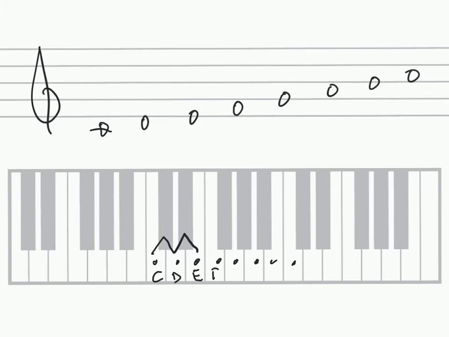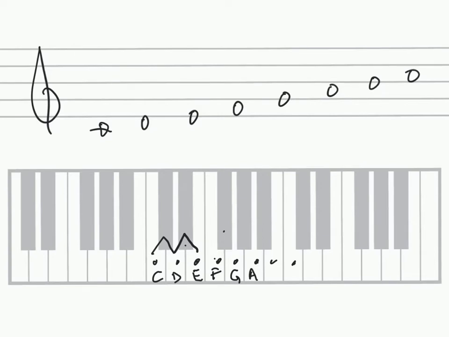From D to F, we can go from D to E flat, then to E, and then to F. So just 3 half steps, that's a minor third. From E to G, likewise, E to F, F to F sharp, and F sharp to G. Just 3 half steps, that's a minor third.